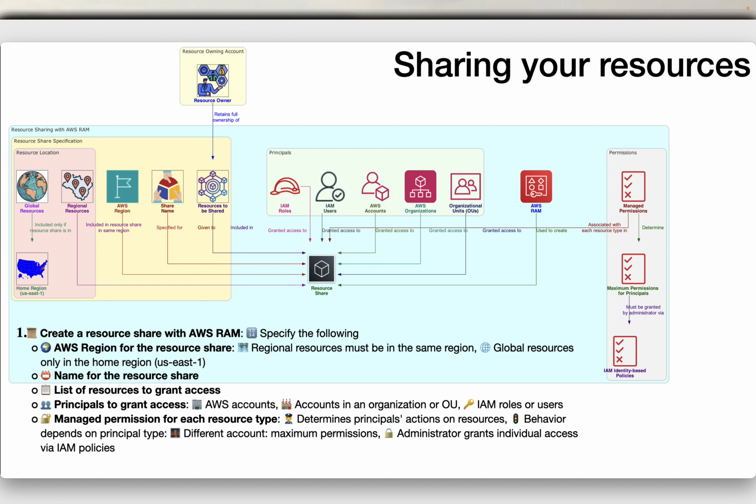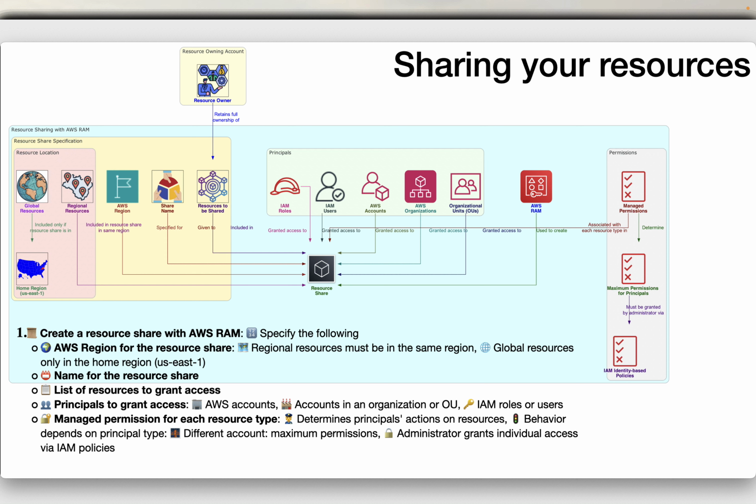The behavior of the permission depends on the type of the principal. If the principal is in a different account from the one that owns the resource, then the permissions attached to the resource share are the maximum permissions available to be granted to roles and users in those accounts. The administrator of those accounts must then grant individual roles and users access to the shared resource with IAM identity-based policies.